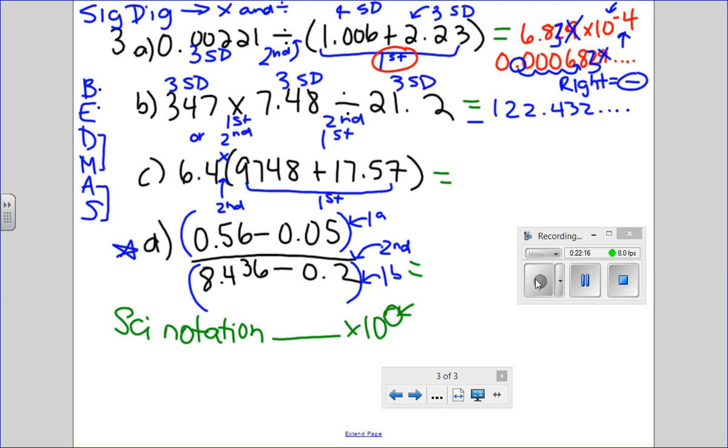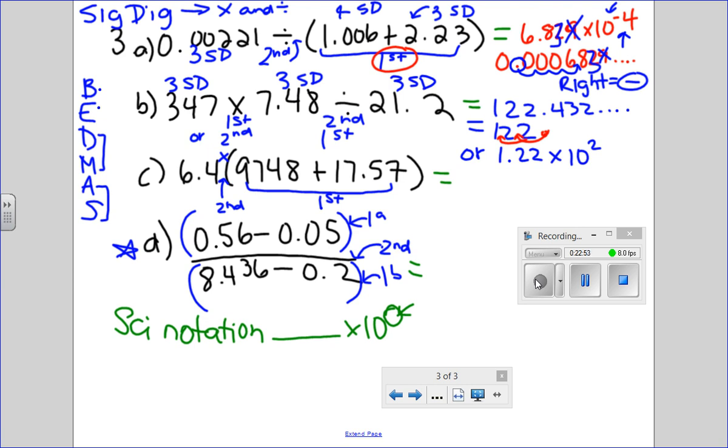So I can simply round my number off to 122. If you chose to do scientific notation, which is acceptable here, you would have written 1.22 times 10 to the power of 2. Just to show you how that would have worked, the decimal is technically right here after the second 2. I would have moved it 2 spaces to the left. Since I moved it to the left, I don't put a negative on my exponent. I moved it 2 places, so my exponent is 2.